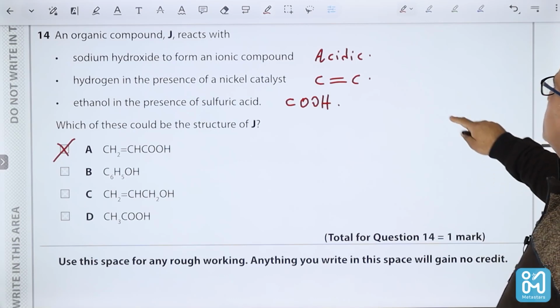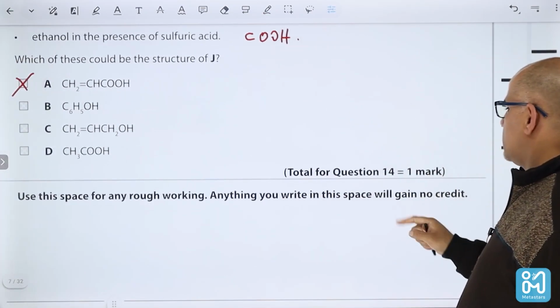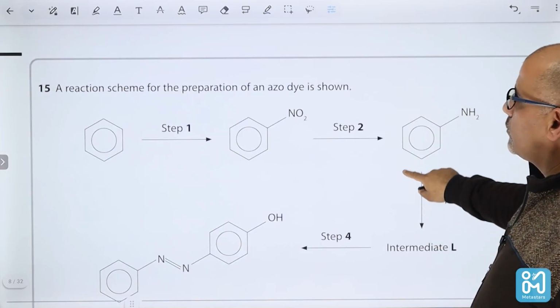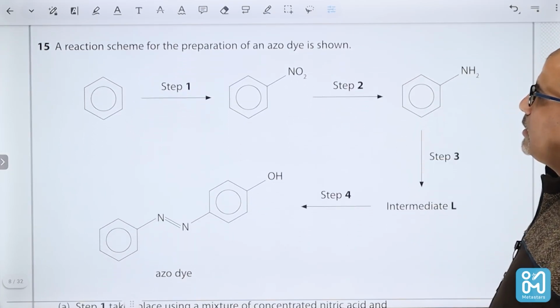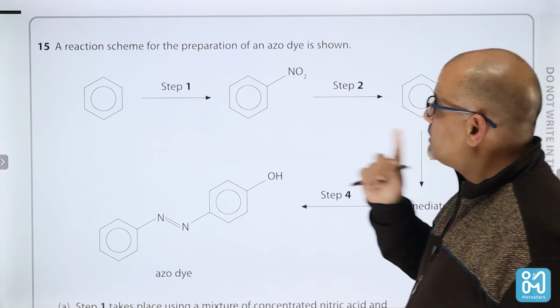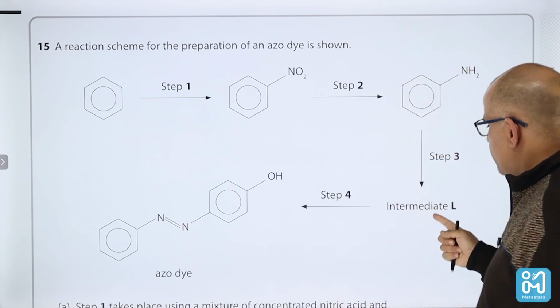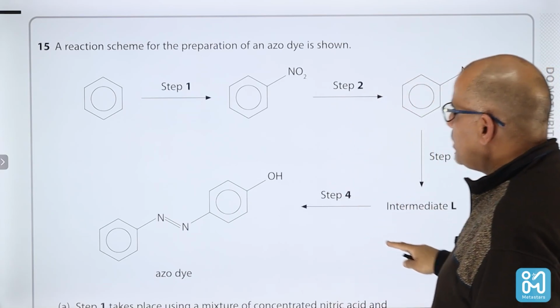Now, for the next one, question 15: a reaction scheme for the preparation of an azo dye is shown. Do you remember the diazonium salt? In step 1, step 2, then step 3, then the intermediate.